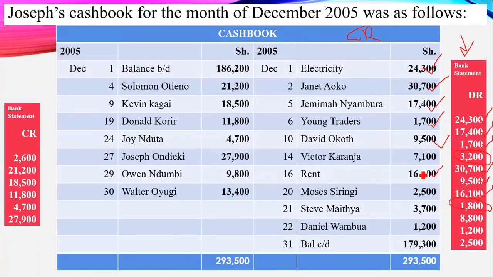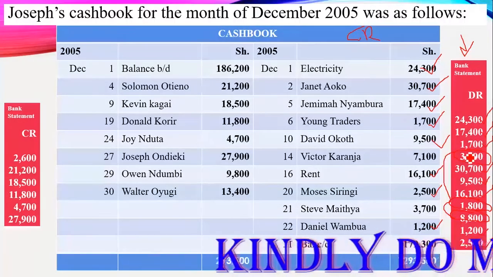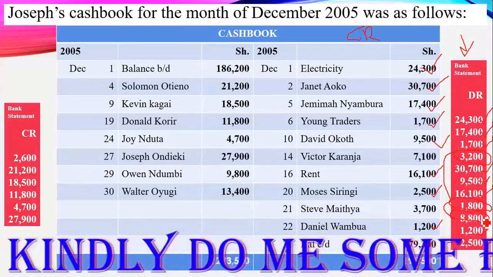Then 8,800, it is not there. 1,200, it is there. Then this was the closing figure. Then we have 2,500, it is there. So we have 3 figures here that are in the bank statement but are missing in the cash book. So you need to check 3,200, 1,800, 8,800.